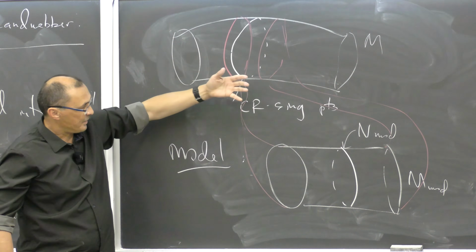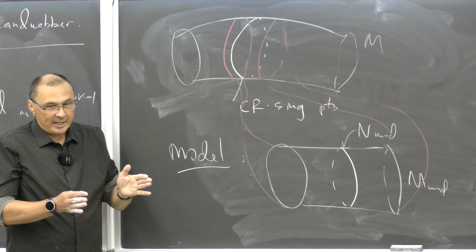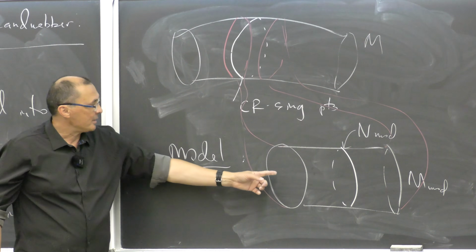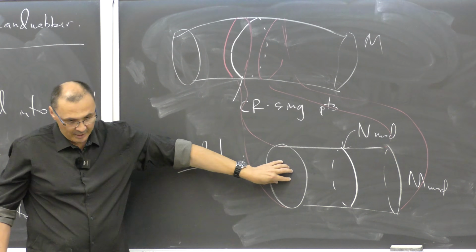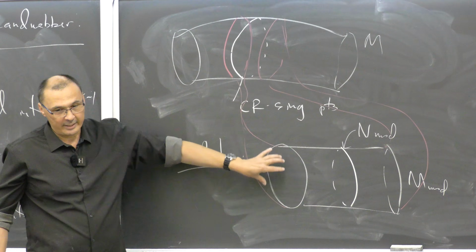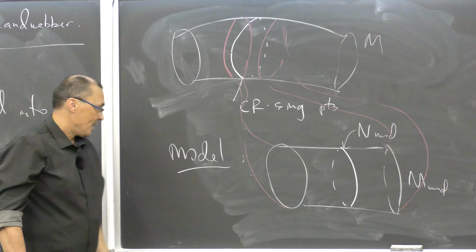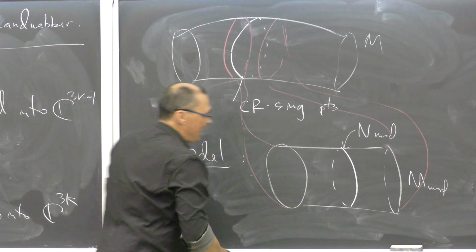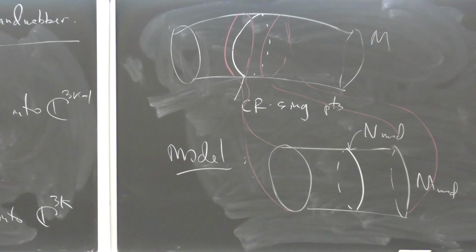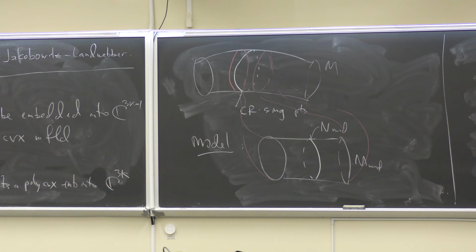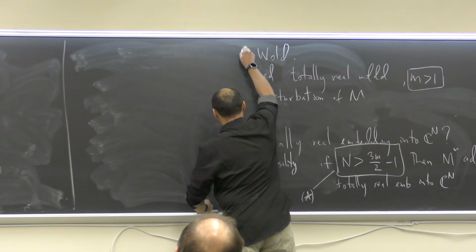But once you have two models, then you can say that one of them is going to work. And this, again, is a relative version of Gromov's h-principle for totally real embeddings. And in the last minute, I just want to summarize, give the global picture of what we have now.